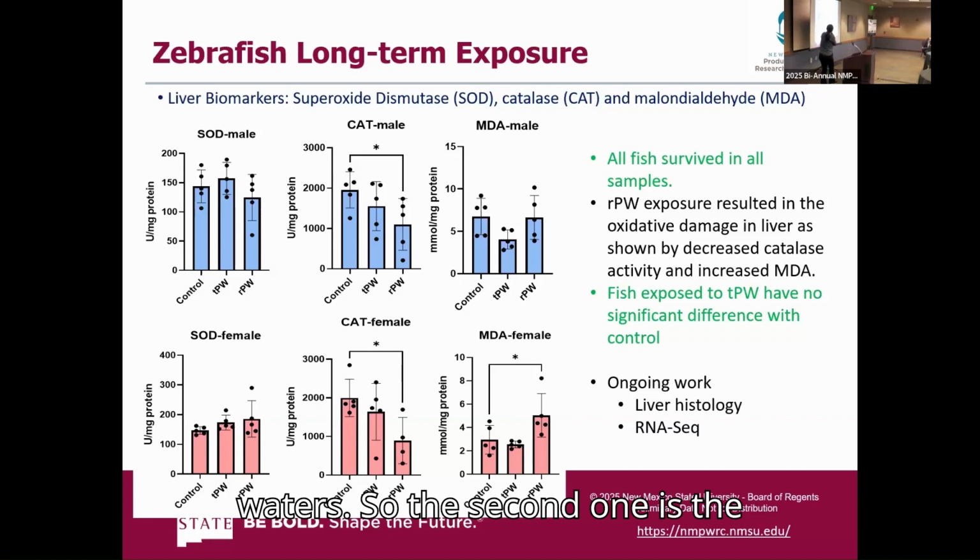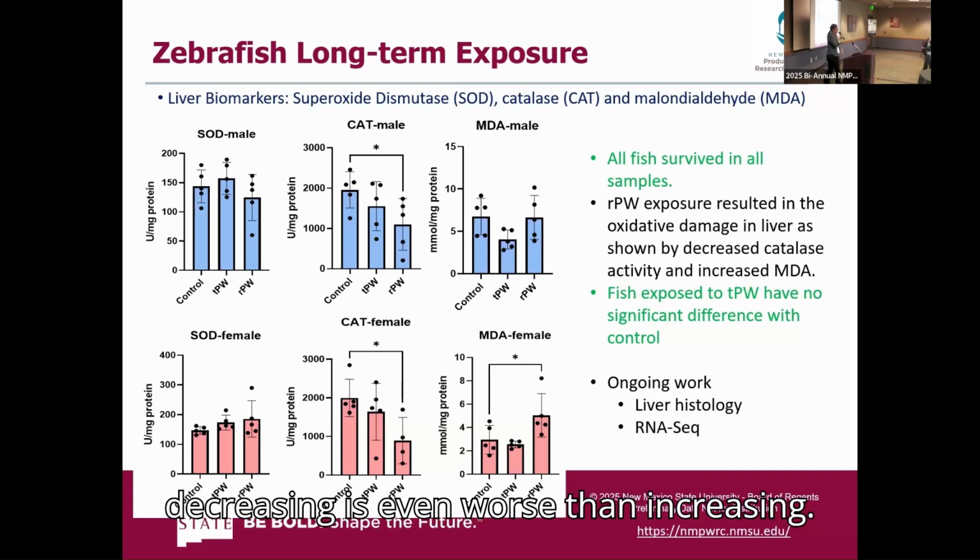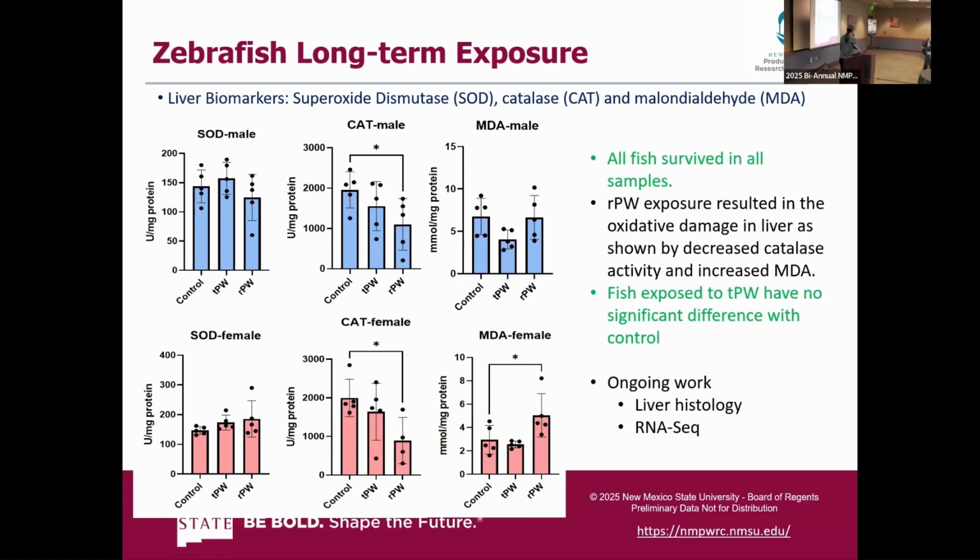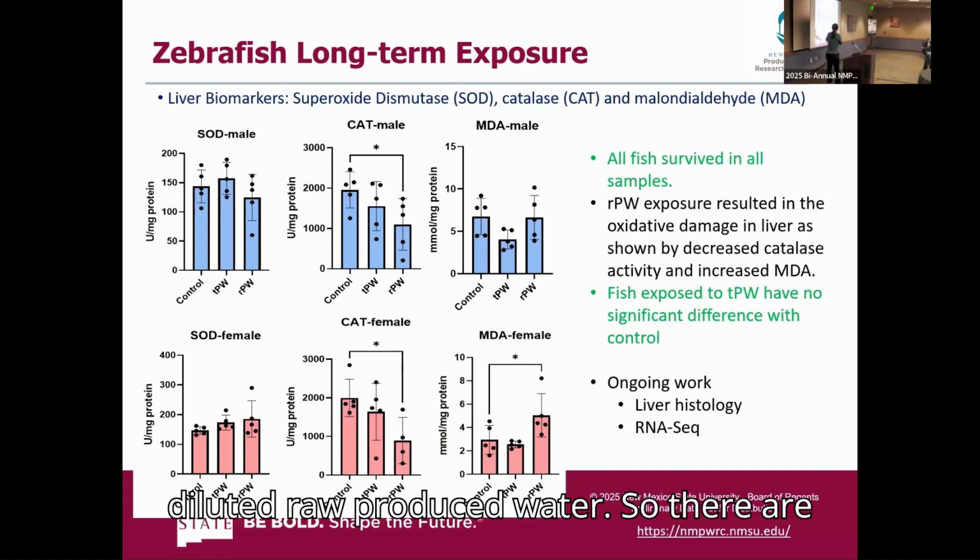The second one is catalase, the enzyme that converts hydrogen peroxide to non-toxic species. We see a decrease in the 400 times diluted raw produced water. A decrease is even worse than an increase. That means there is overwhelming oxidative stress caused by the diluted raw produced water.